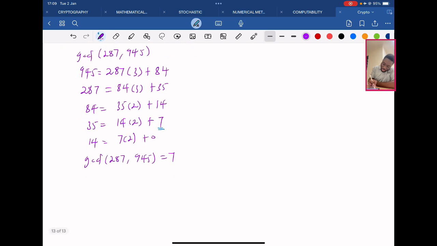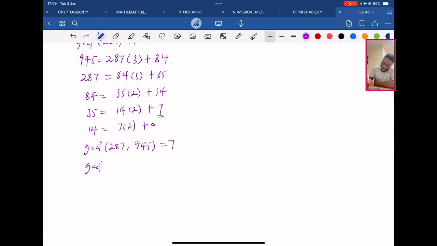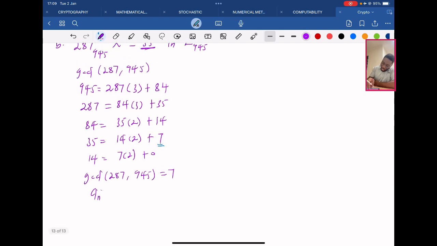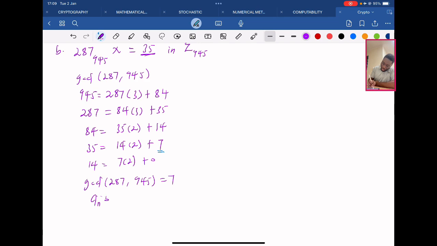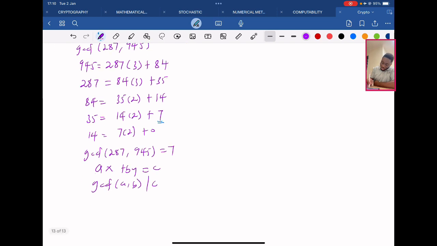So we had, if we have an equation of this sort, AX plus BY is equal to C, then the GCD of A and B should divide C. In this case, we can see that the GCD of A and B is 7.